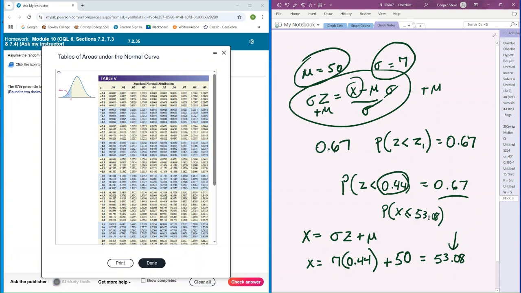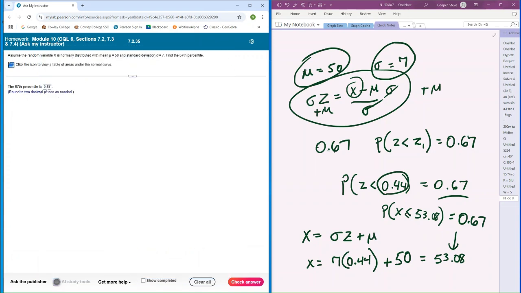Normal probability doesn't matter if you say less than or equal to. So in terms of x, that's what matches that percentile. Okay, so the 67th percentile, what we would put here would be 53 to 2 decimal places, so 53.08.